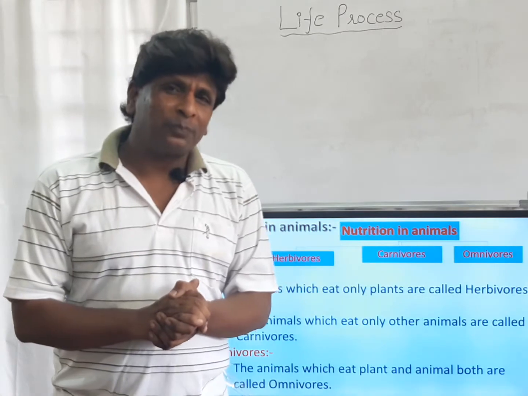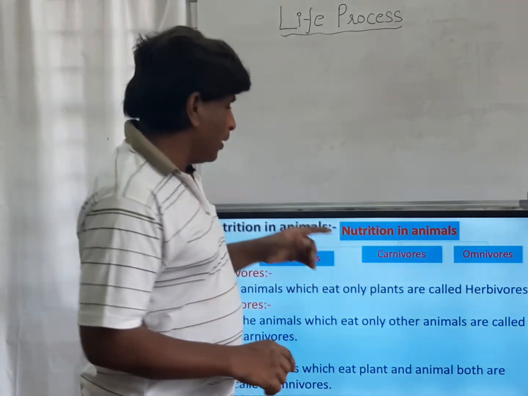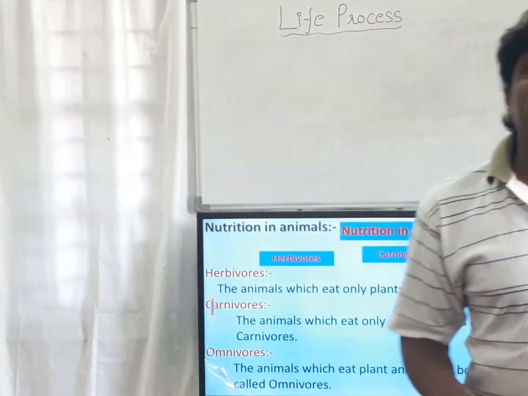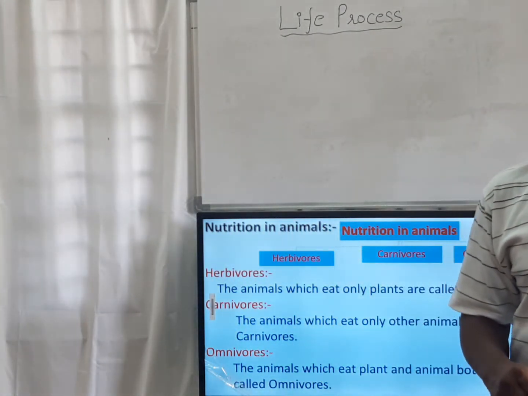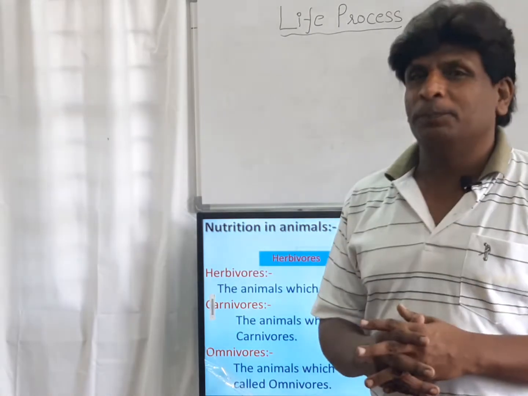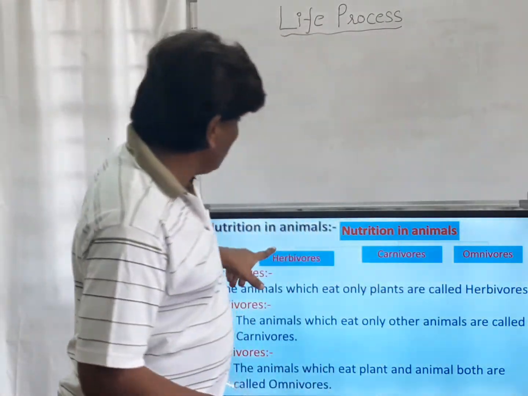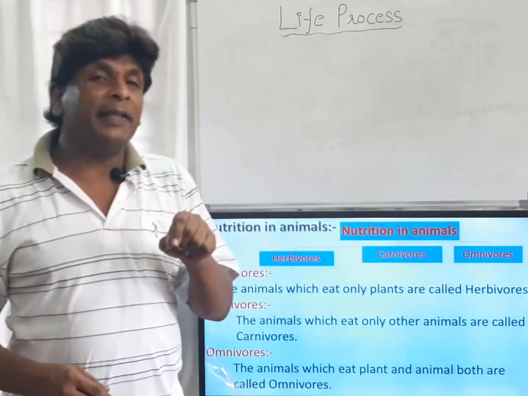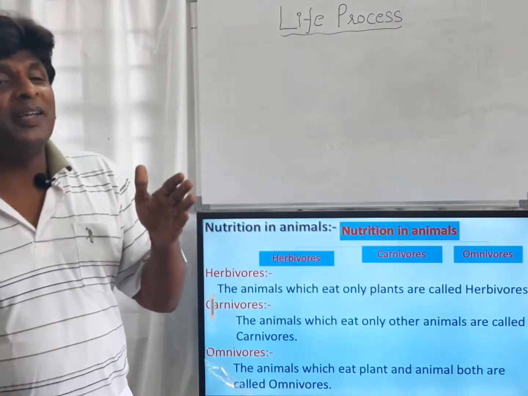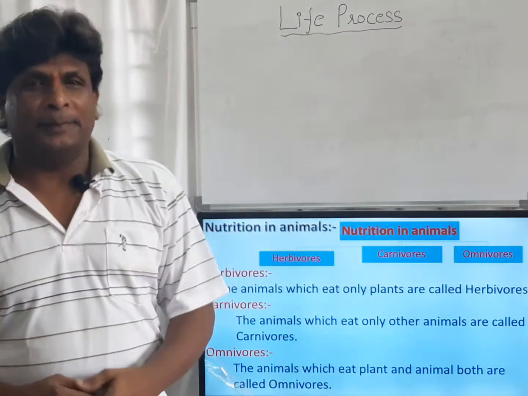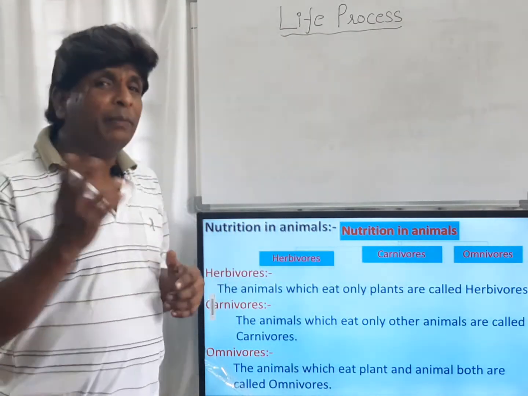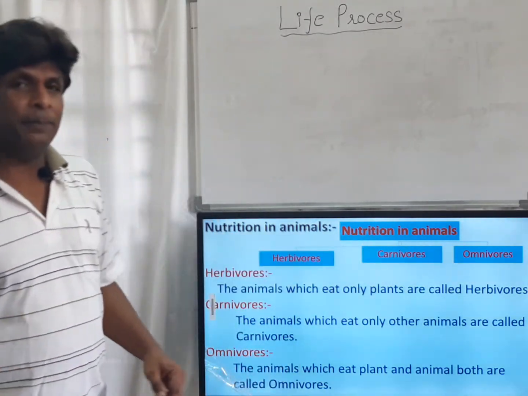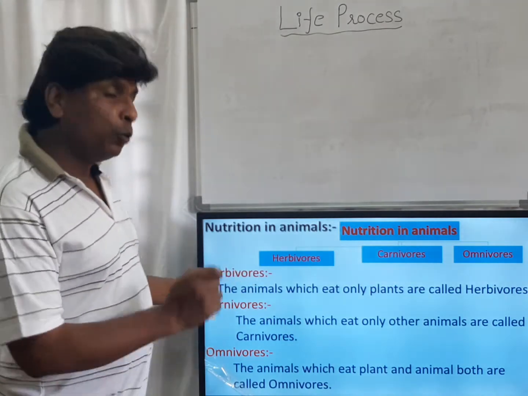In animals, nutrition is of three types: herbivorous, carnivorous and omnivorous. We divide animals according to the type of food they take. Let us study what those three types are.